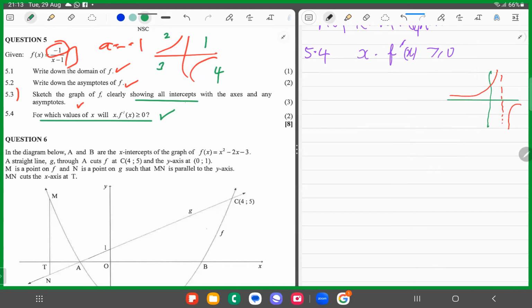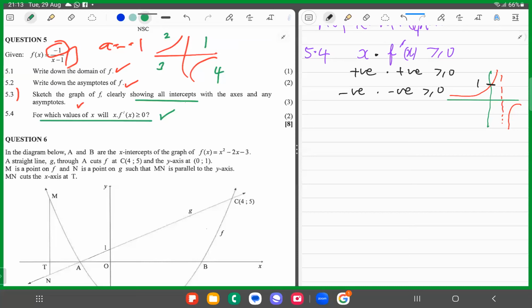It's going to cut at 1. But we're saying here we're multiplying two numbers, and you're getting a positive. So you must have a positive multiplied by a positive to get greater or equal to 0, or you must have a negative times another negative to have greater or equal to 0. At least greater than 0. Okay, the signs must be the same.